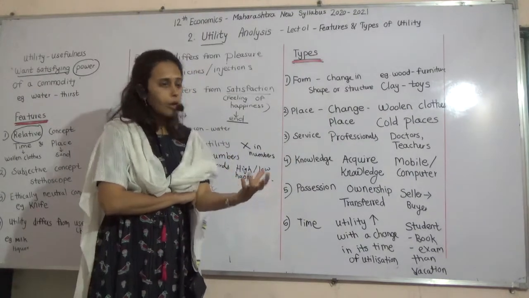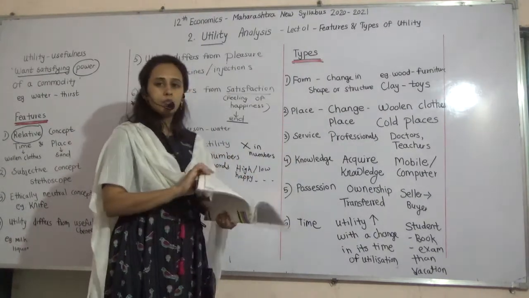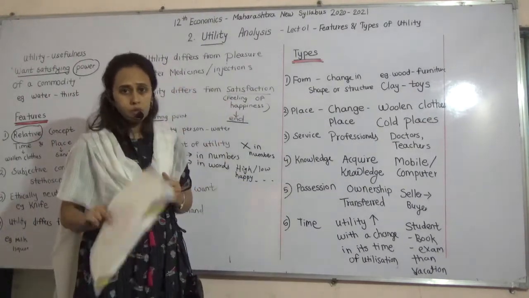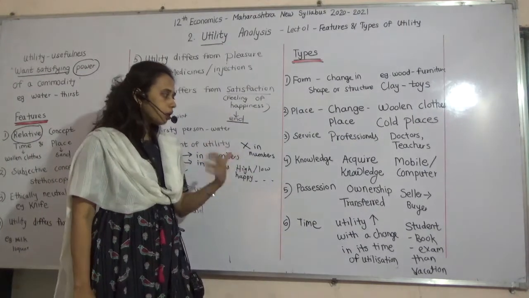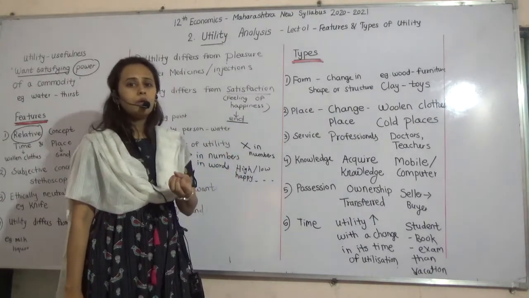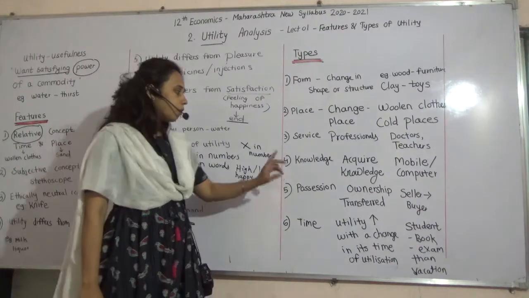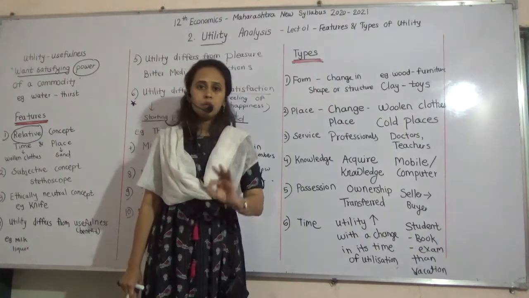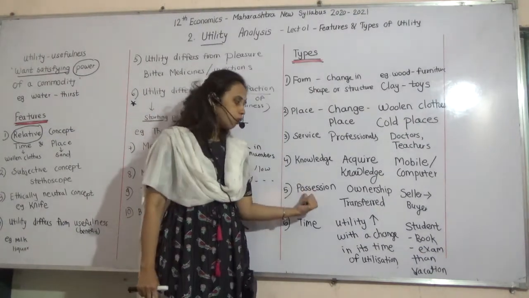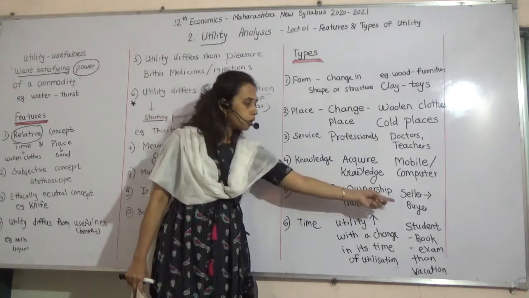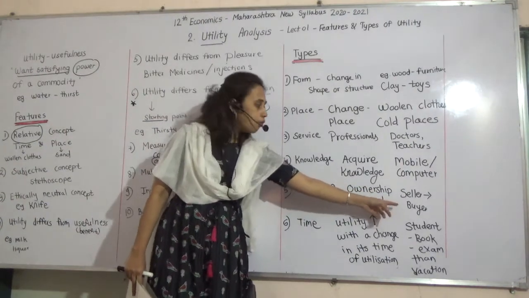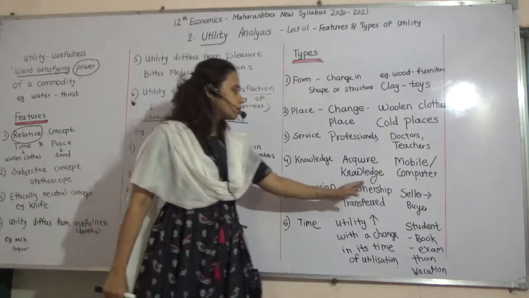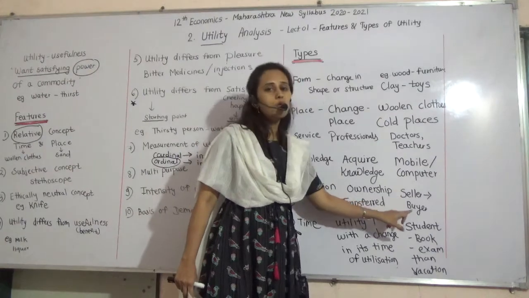You go to him and start checking the book, whether it is correct, whether contents are right or not, whether the printing is good or not. You just start checking all these things. Maybe it will take you 5 minutes, 7 minutes, but until and unless you pay money for it, till that time possession is with only the seller and you are the consumer, you are the buyer. When you pay money for it, then ownership transfers from seller to buyer.